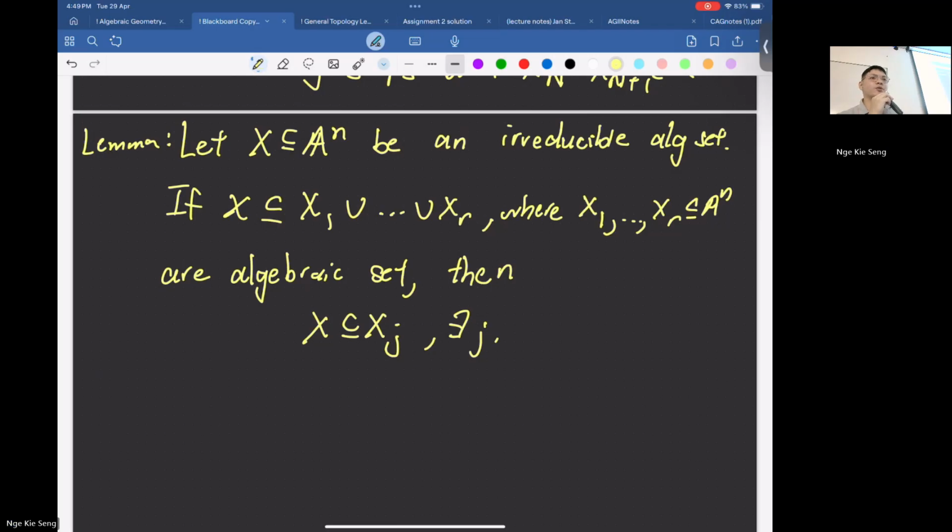Cannot split into two proper closed sets. If it sits inside two algebraic sets, what happens? You somehow split X into two parts. What are the two parts? X intersect Sj, X intersect Sj prime. Yesterday we proved that the intersection of algebraic sets is still algebraic. Okay, then you will split it into two parts already.